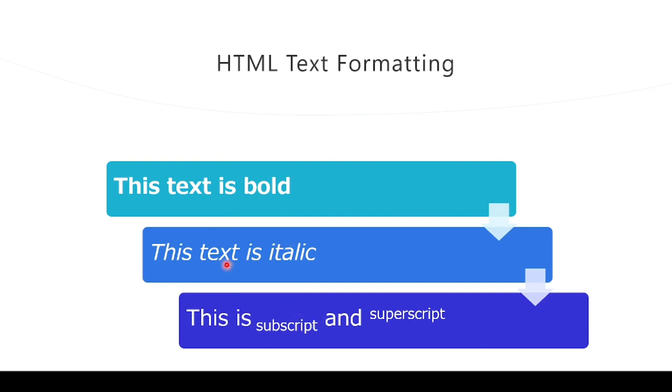And if you want to put something in a power, for example x1, x2, and so on, we use subscript. For x to the power 2, meaning x square, x cube, we use superscript in an HTML page. How do we bold our words or sentences in HTML, or italicize them?